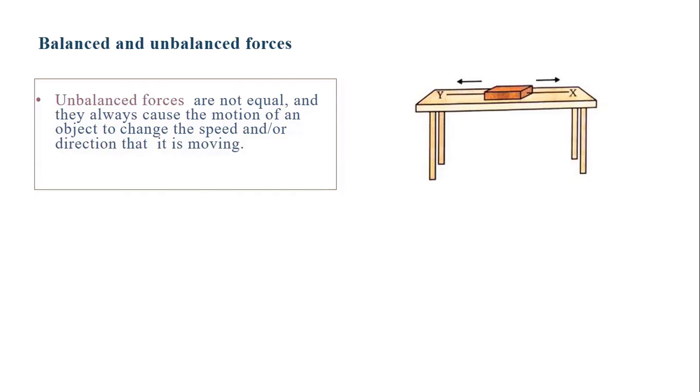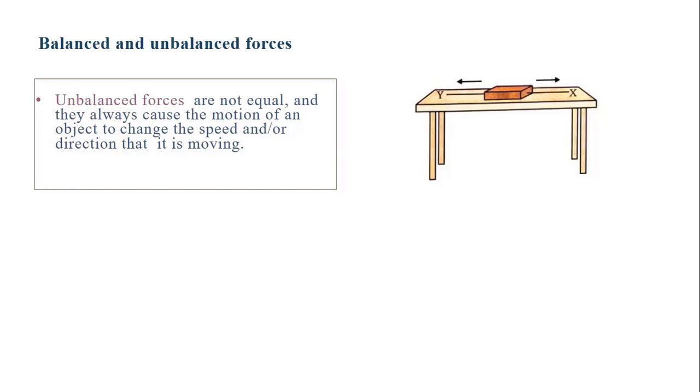Suppose there is a wooden block kept on a table and you are applying force in two opposite directions, right? If the forces in both directions are the same in magnitude, what will happen? It doesn't cause any motion of that wooden block. Here x is the amount of force applied in the right direction, and y is the amount of force applied in the left direction.